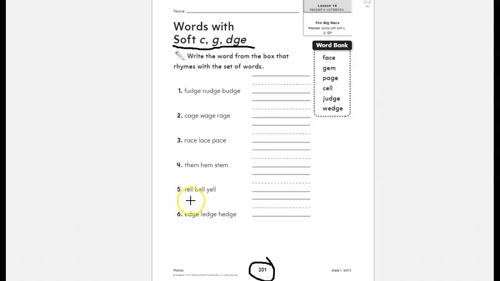Next we have the words tell, bell, yell. Which word from the word bank would rhyme best? Face, gem, page, sell, judge, wedge. Write the word from the word bank that would best match with the words tell, bell, yell.